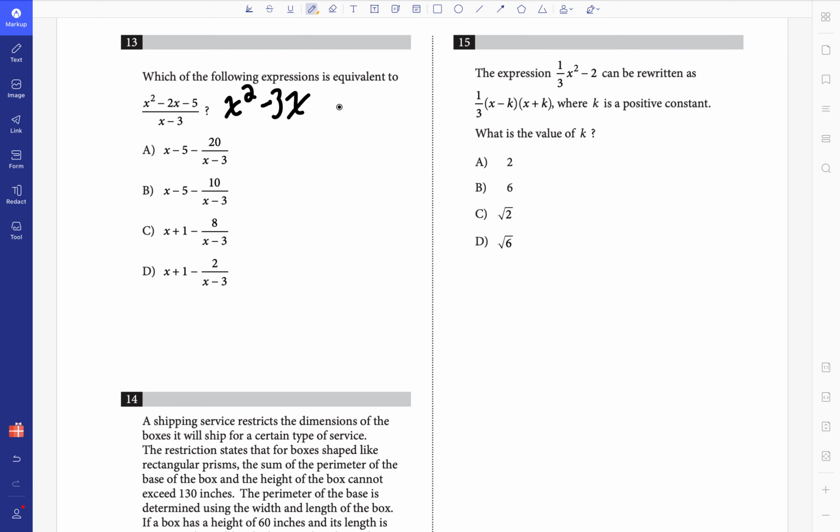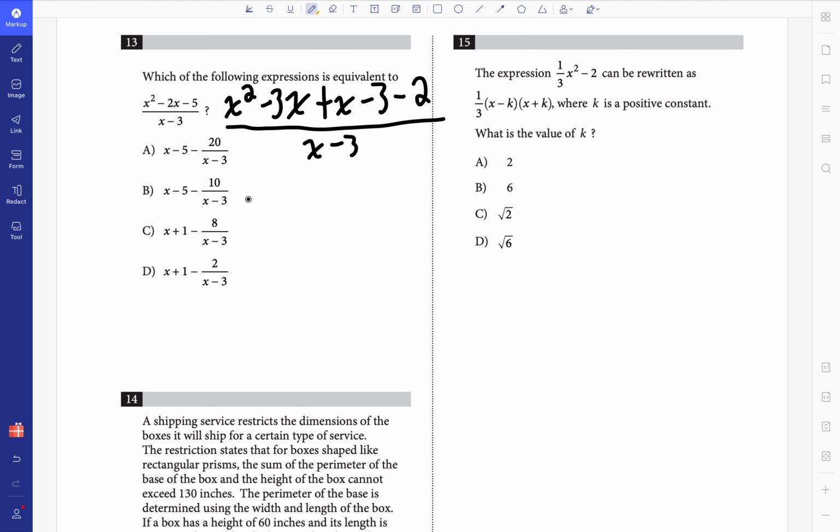I want to rewrite this as x squared minus 3x plus x, because negative 3x plus x is negative 2x. Now, this negative 5, I want to rewrite as negative 3 minus negative 2, all this over x minus 3. Okay, so now let's group this up.